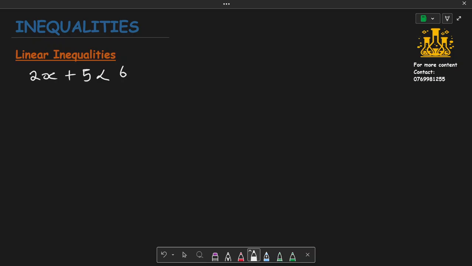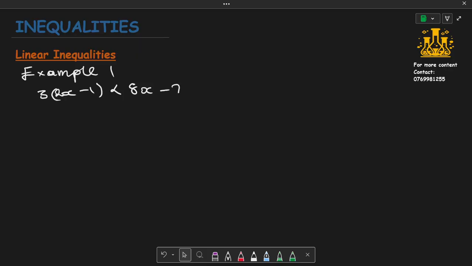So since we've stated that we'll be considering linear inequalities, let's try to see how we can solve them. And let's start with an example. Example 1, which will be 3 open brackets we have 2x minus 1 is less than 8x minus 7.